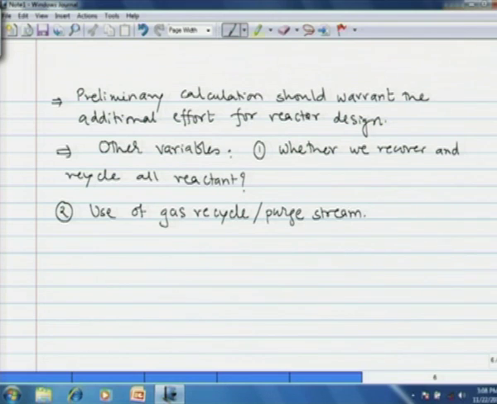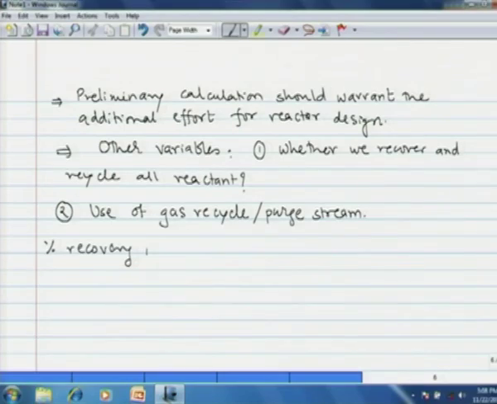Now, when we talk of recovery and recycling of reactant, then the percentage recovery is an important variable. Then when we talk of using a gas recycle and purge stream, the first thing that we have to specify is how much excess gaseous reactant will be fed to the process.